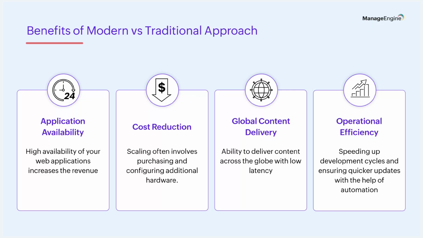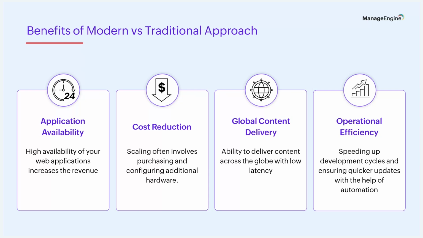As we discussed, in traditional systems the content delivery was limited to specific locations, which caused latency for users in other regions as well. Modern solutions use content delivery networks and edge computing to distribute content globally. This reduces response time and provides faster, more consistent performance for users across the globe.